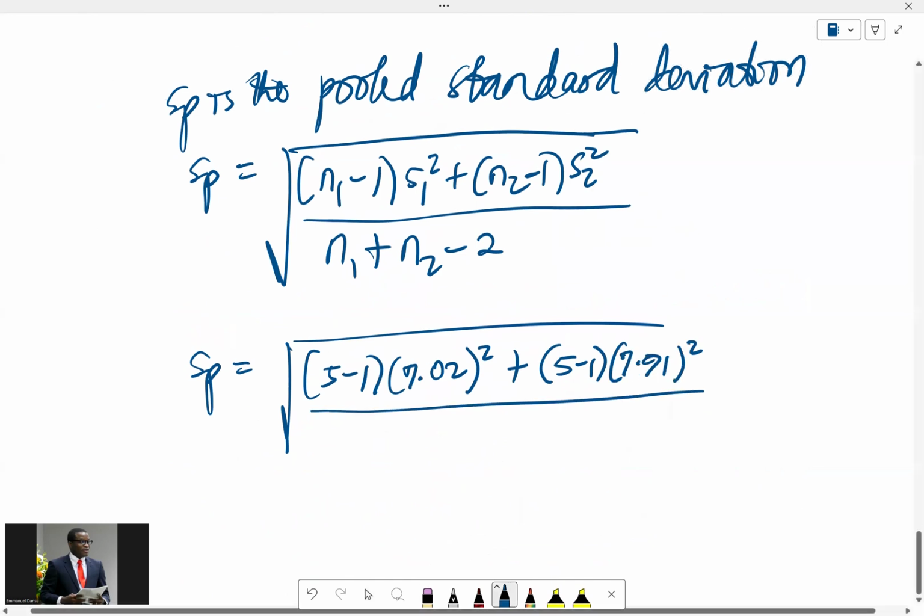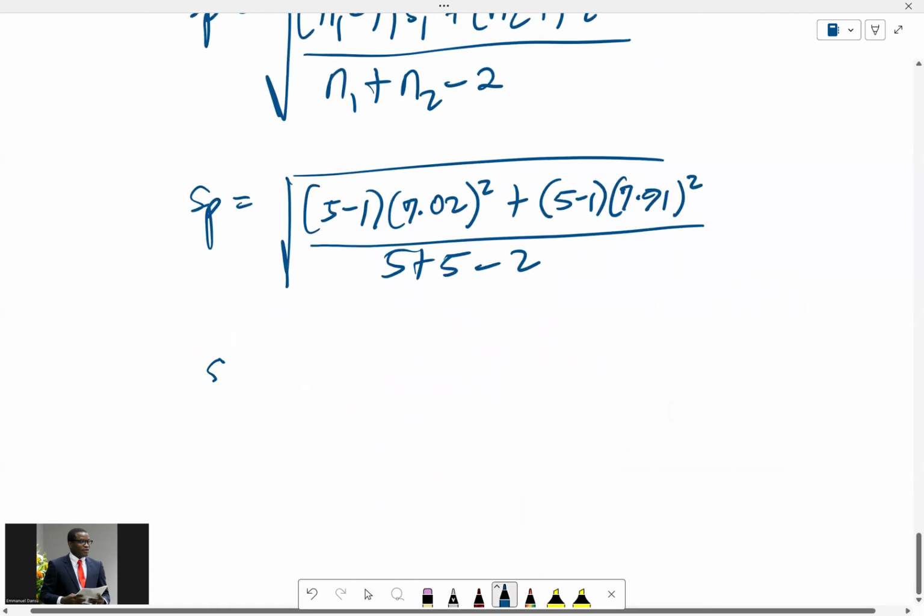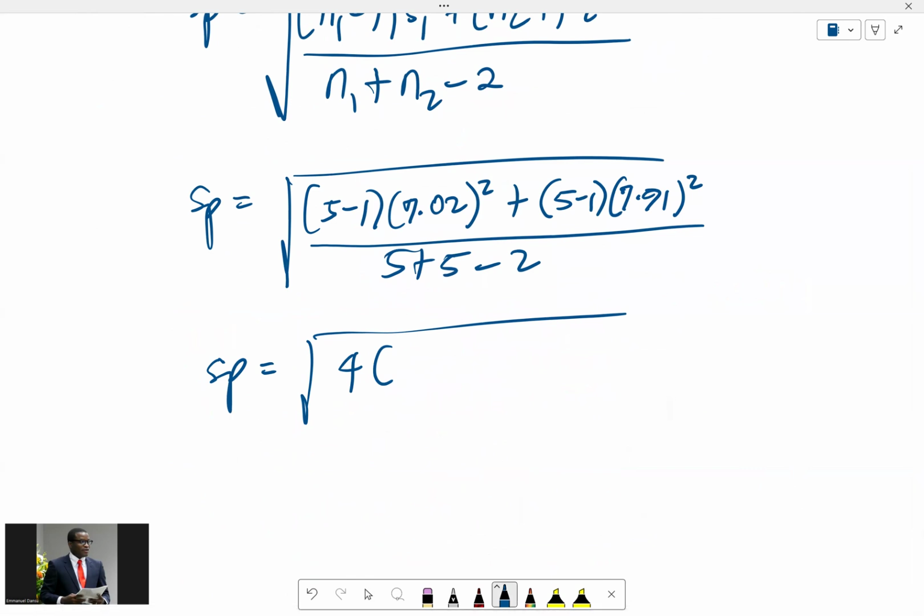All of this over 5 plus 5 minus 2. So SP is equal to square root of 4 into, okay, so we have to square all that, right? 7.02 squared, 7.02 raised to power 2.